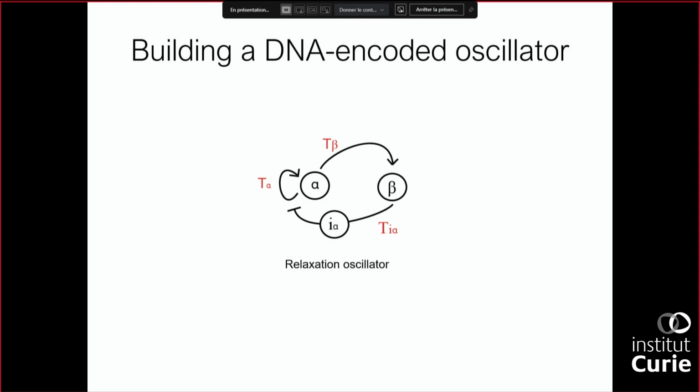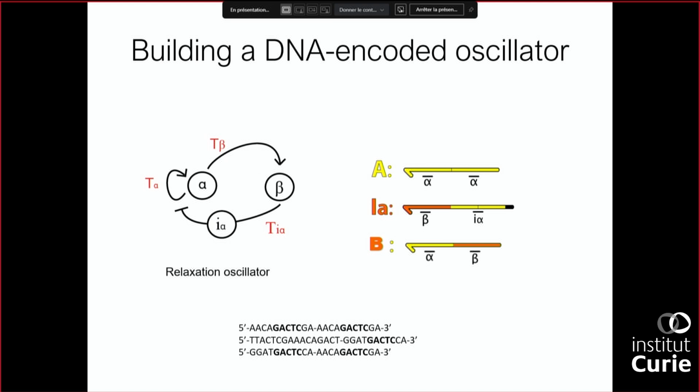So to implement this particular topology, we need a number of encoding DNA templates. So we want self-activation for alpha, this is template A, with alpha as input and alpha as output. We want alpha activating the production of the intermediate beta, which is here, so alpha as input and beta as output. And we want intermediate beta to produce an inhibitory compound for the first template here, so beta as input and the inhibitor, the sequence of the inhibitor, here.